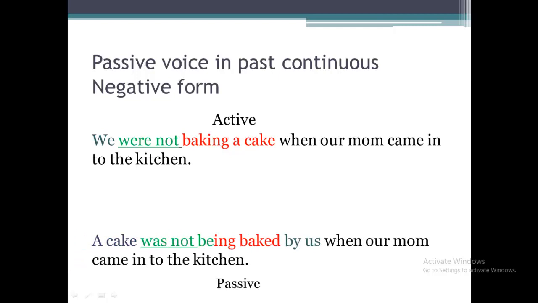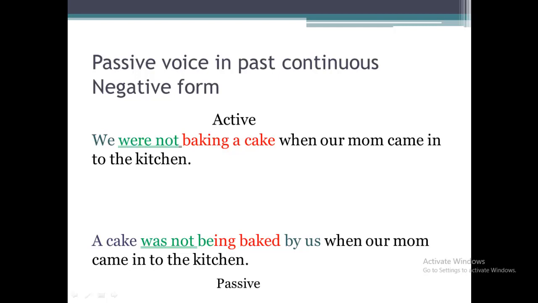A cake, singular, so verb to be turned to be was. Negative, I keep the negative with verb to be. Ing goes with being. Finally, the verb take would be in the past participle form, baked. A cake wasn't being baked by us when our mom came into the kitchen.